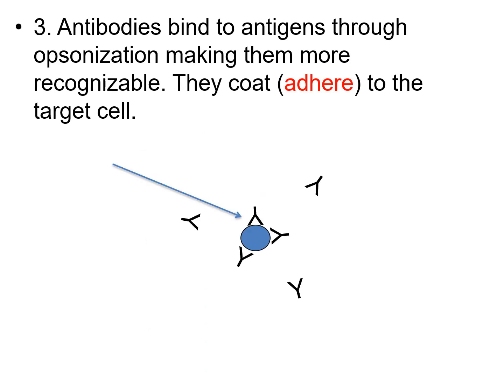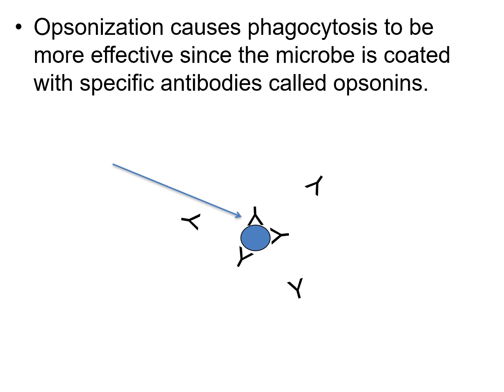The third thing that antibodies will do is they'll bind to antigens through opsonization, making them more recognizable. They will coat and adhere to the target cell. Opsonization causes phagocytosis to be more effective since the microbe is coated with specific antibodies called opsonins.